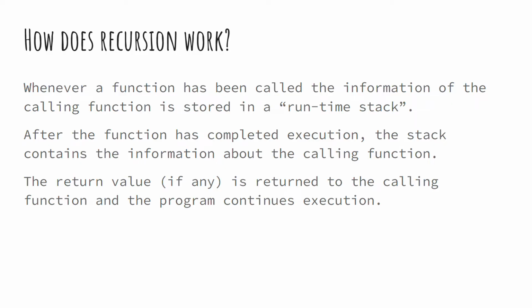So if you're doing recursion, then the parent function is stored in the stack, and whenever the child function finishes its execution, the stack contains the information about the calling function, the parent function, and then the return value of the child function, if there's any, is returned to the calling function and the program continues execution. So that's how recursion works.